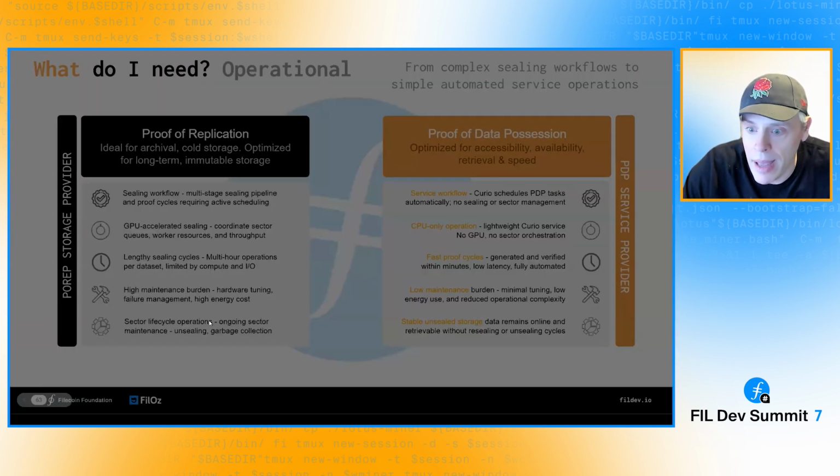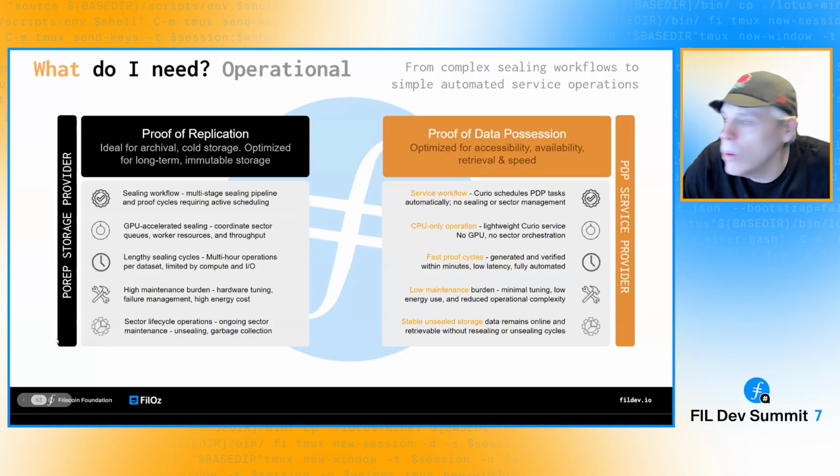So now let's have a look at our operational overheads. Again, going through the left-hand side of PoRep, you're looking at sealing workflow, multi-stage sealing pipeline, proof cycles, and active scheduling. Again, GPU accelerated sealing, coordinating sector queues, worker resources, etc. Lengthy sealing cycles, we're talking multi-hour operations. High maintenance burden, we've got hardware tuning, failure management, high energy costs.